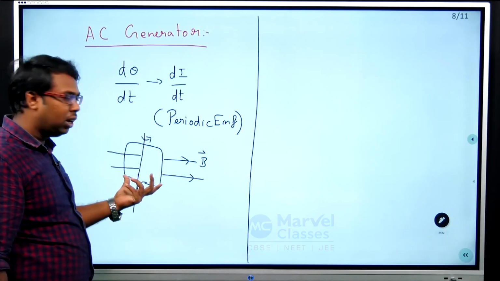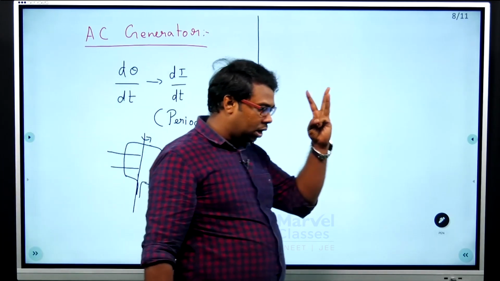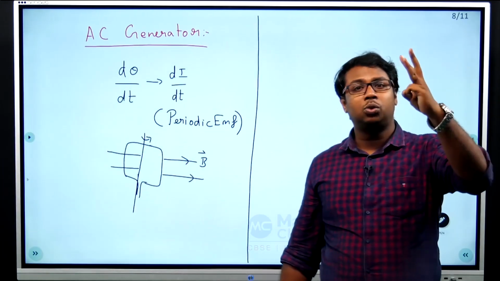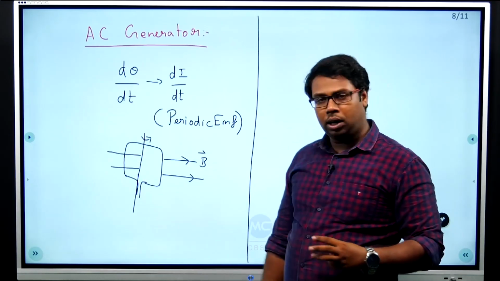As the magnetic field linked with this coil changes, the flux gets induced. So why did the magnetic field change in the first place? Because of its orientation. That is the reason I introduced theta here.